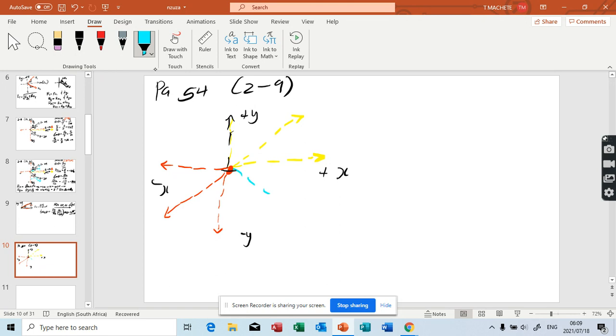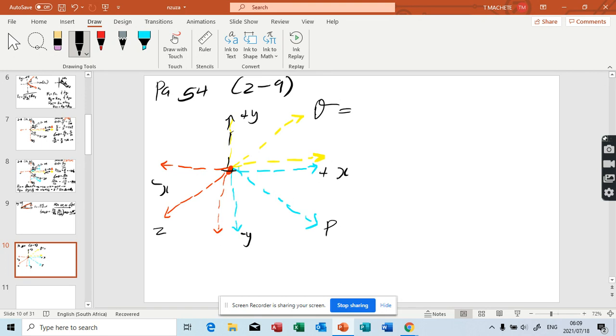We are only given this one that is going in that direction. Then what you do is draw away from that pivot point. The initial ones that were given, I'm going to write the values here. Let's say this one is P, this one is Q, this one is Z. These are the ones that were given.